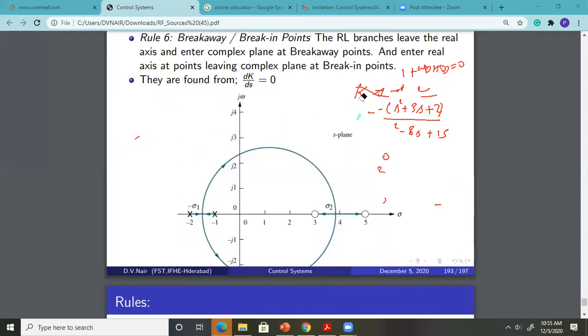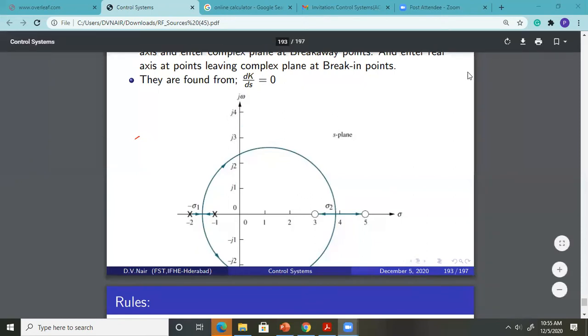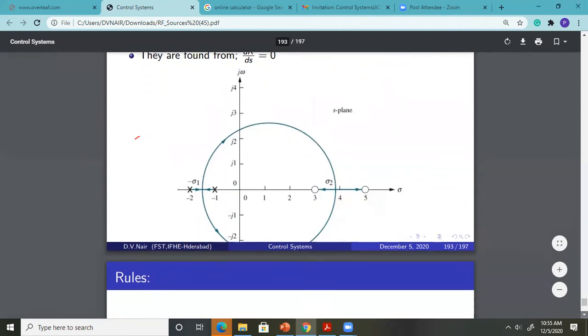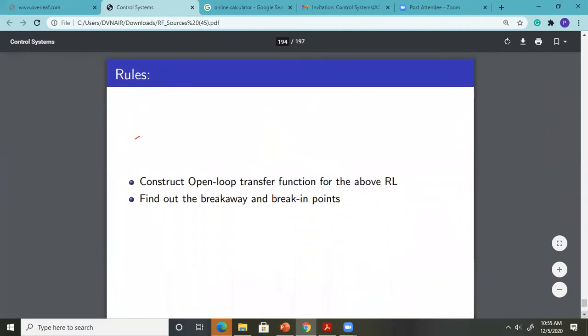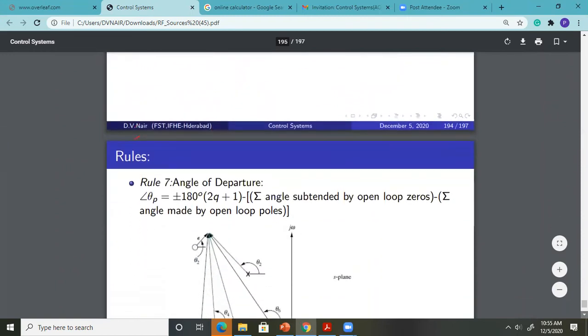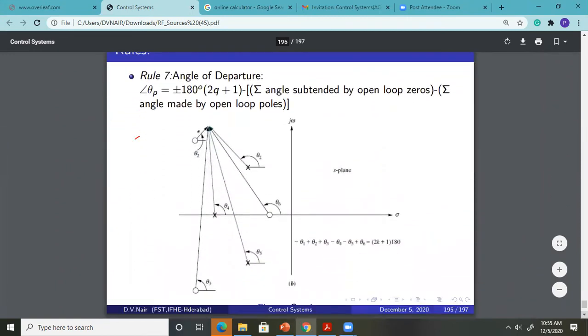We have not seen so far any complex poles of open loop system. What we have seen are the open loop poles when they are all real. But what if you have open loop poles which are complex? Let us see that. Next is rule number 7, angle of departure.